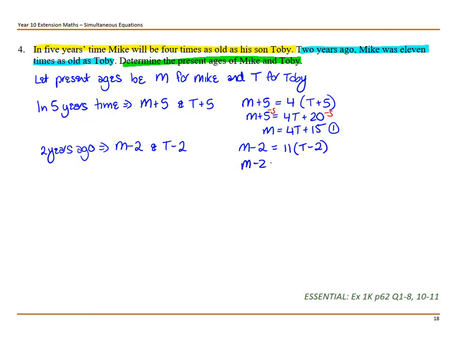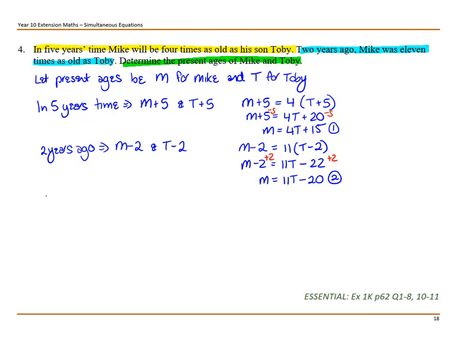So M take 2, expand brackets, is 11T minus 22. Again, get M on its own. M has to be equal to 11T minus 20 because I've just added 2 to both sides. So that's my second equation.